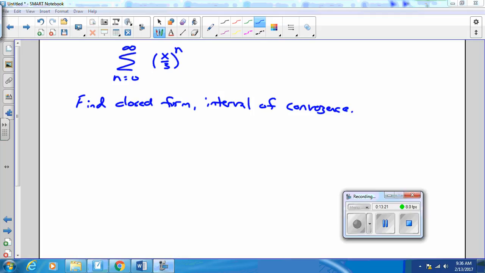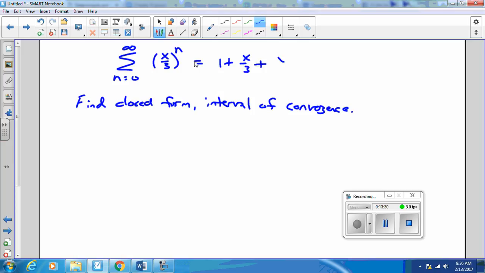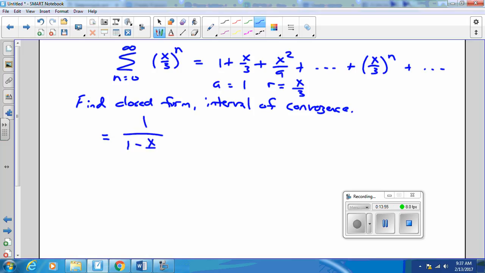Okay, Danielle, what do you got? Give me the whole logic. So I open it up to 1 plus x over 3 plus x squared over 3 squared. This is our standard form that we're going to unroll in, 3 terms plus an nth term. And let's use a equals 1 and r equals x over 3. So it equals 1 over 1 minus x over 3.